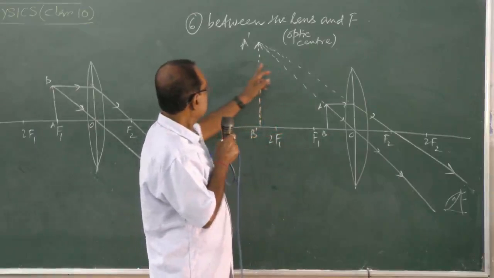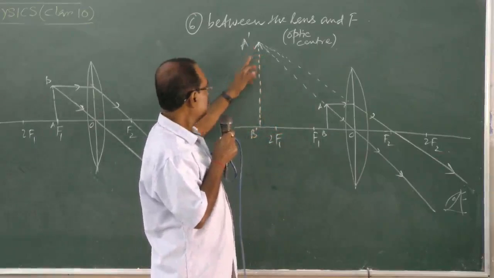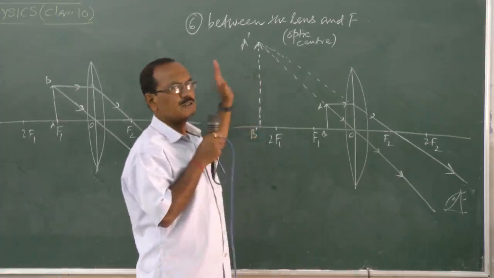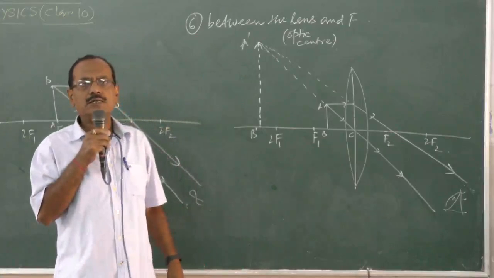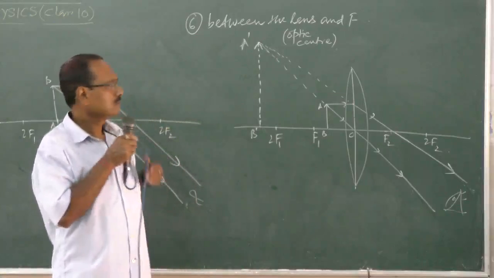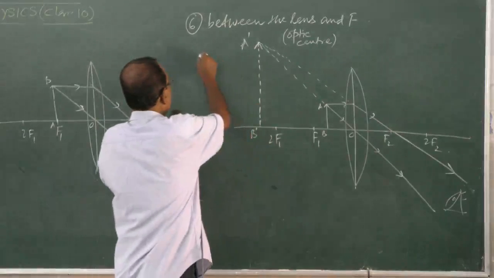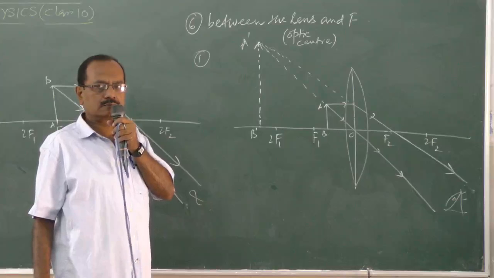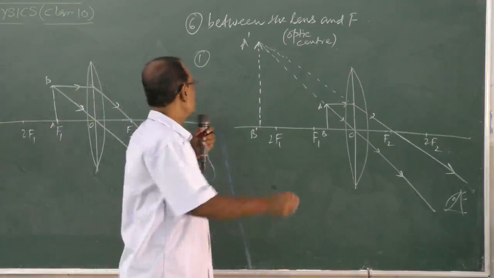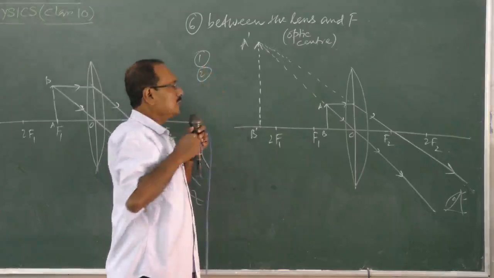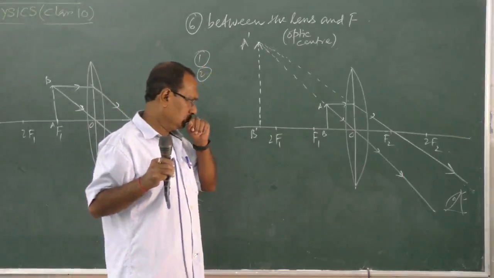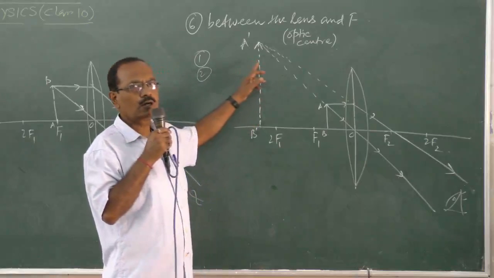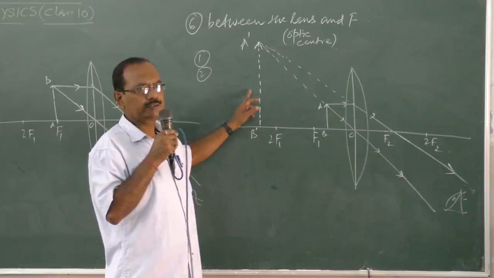Now, here the image you see I have marked by dotted line, so the image is virtual. So what are the characteristics of the image? Number 1, the image is virtual. Number 2, the image is erect or upright.